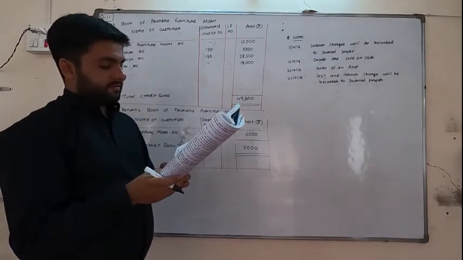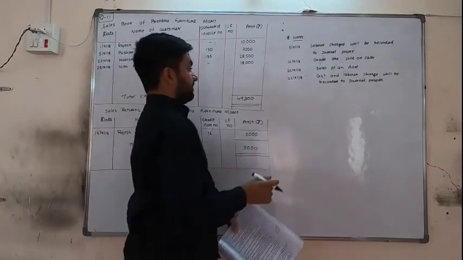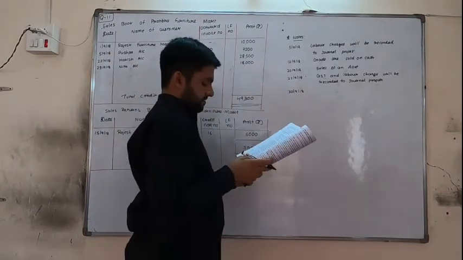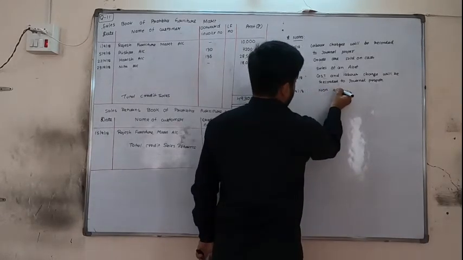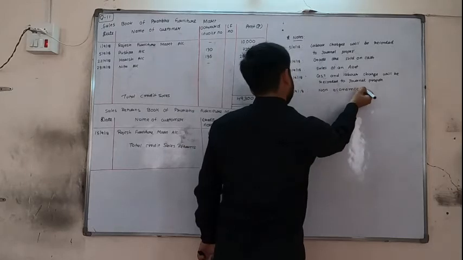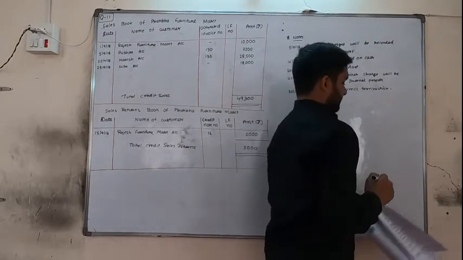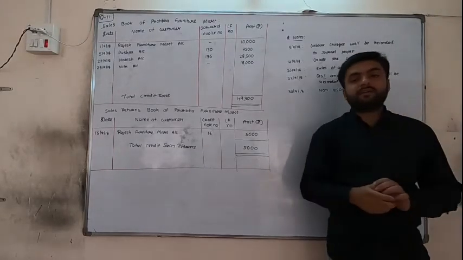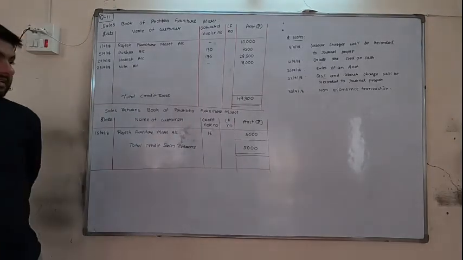Then 23rd we have recorded and 20. Okay, now directly 3980. Non-economic transaction. Okay, friends. So today we have completed 10th and 11th, where we have purchase returns, sales returns.